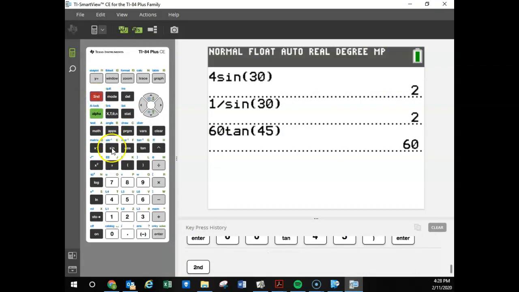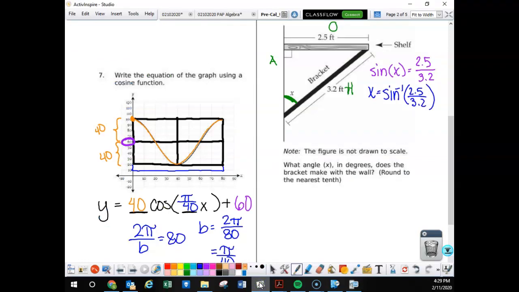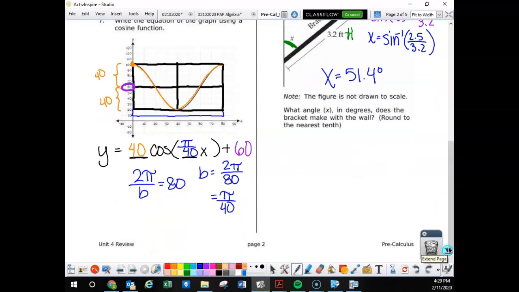So inverse sine of 2.5 divided by 3.2. That's going to be 51.375. But if you look at the paper, it says round to the nearest tenth, so that's just one decimal spot. So this 7 is going to make this a 4. So the answer x is equal to 51.4 degrees. Yep. All right, number 10.